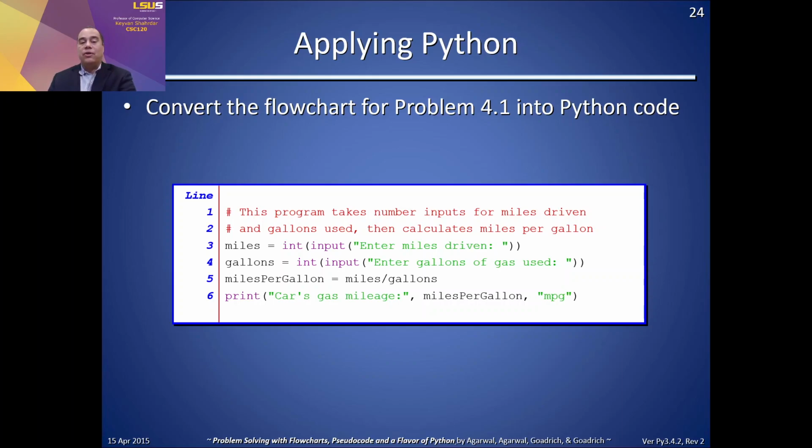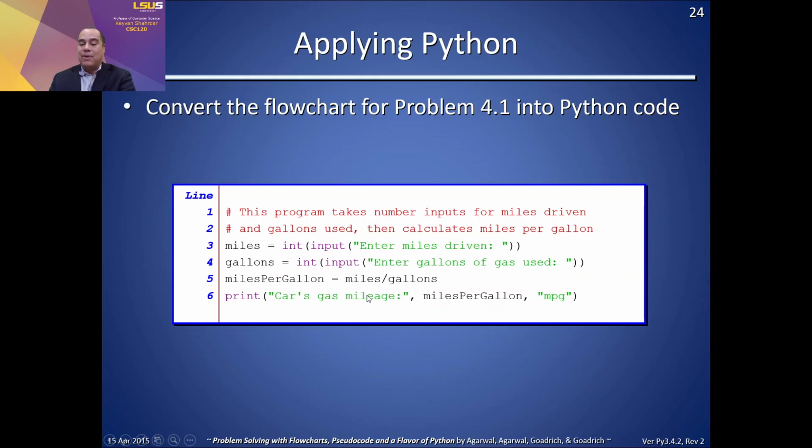Then you convert the flowchart of problem 4.1 into Python code, and this is what it translates to. You want to get the miles, and you're asking the question, enter miles driven. Remember, it's an input, and you're casting it into an integer. Enter gallons of gas used. It's an input, and you're casting it into an integer. And now we have miles per gallon equals miles divided by gallons.